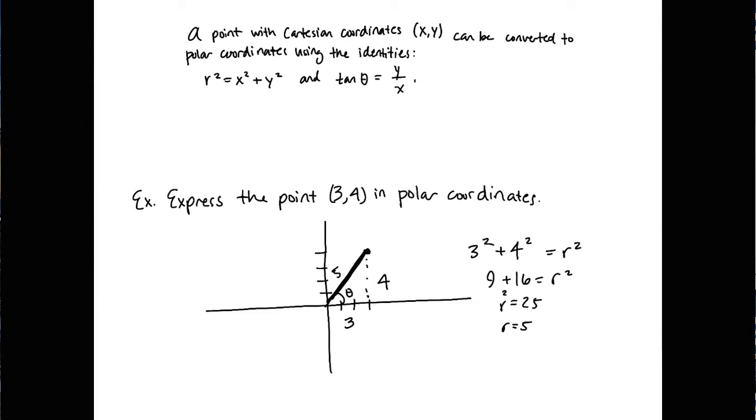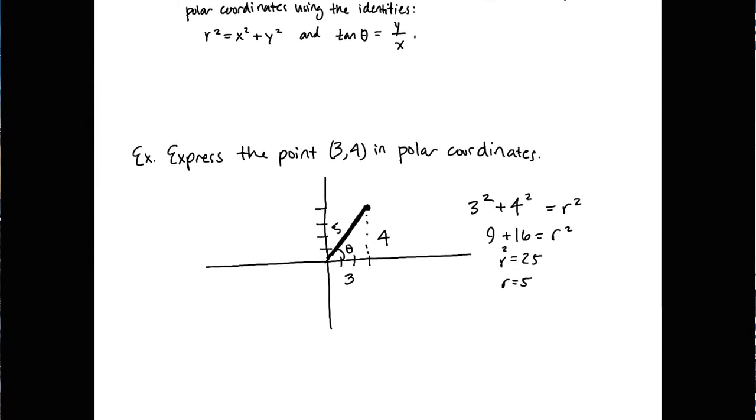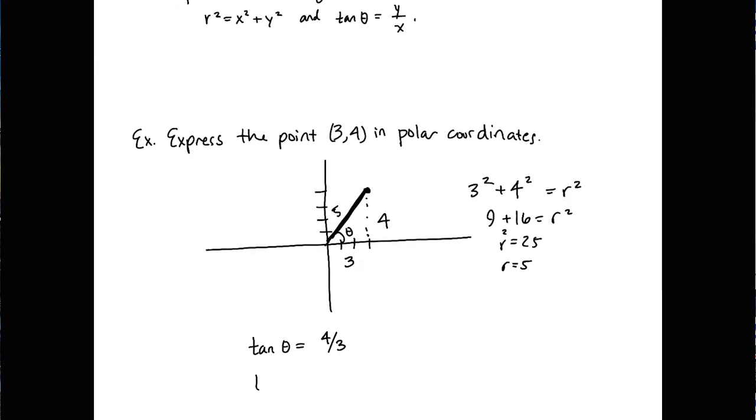Okay, and then for the angle, we're going to use that tangent of theta is equal to 4 over 3, opposite over adjacent. So tangent inverse of 4/3 is going to be theta, and then verify that we get a quad 1 angle.